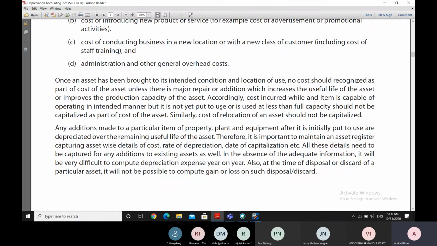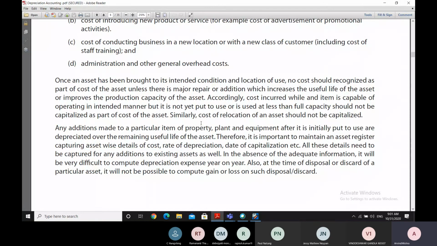When it is brought to the condition and location, it is capable of being used. That item has been acquired and the depreciable amount can be estimated, and any further expenditure of even a small nature, not a major repair, should not be accounted for as part of the cost of that asset, even if it is not put to use or put to use partly.